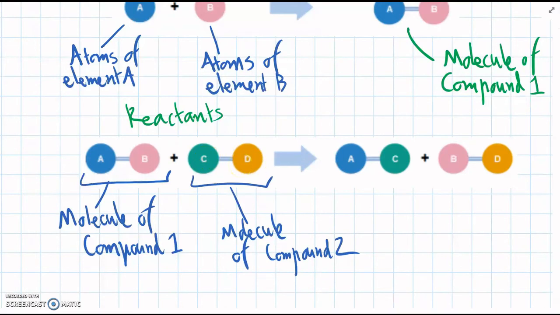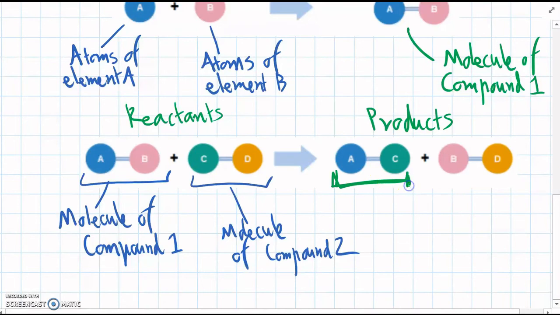And then some sort of chemical change happens, and amazingly they swap over and we have some new products. We've now got an A atom and a C atom together. So we've made a new molecule. We've got molecule 3.